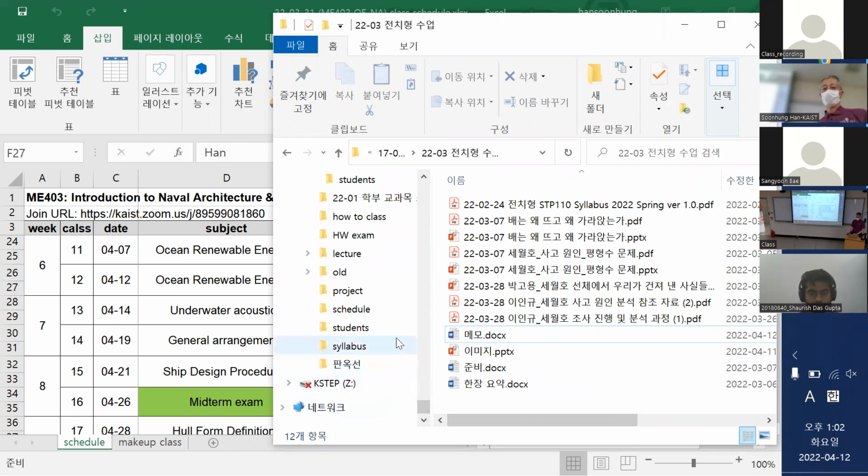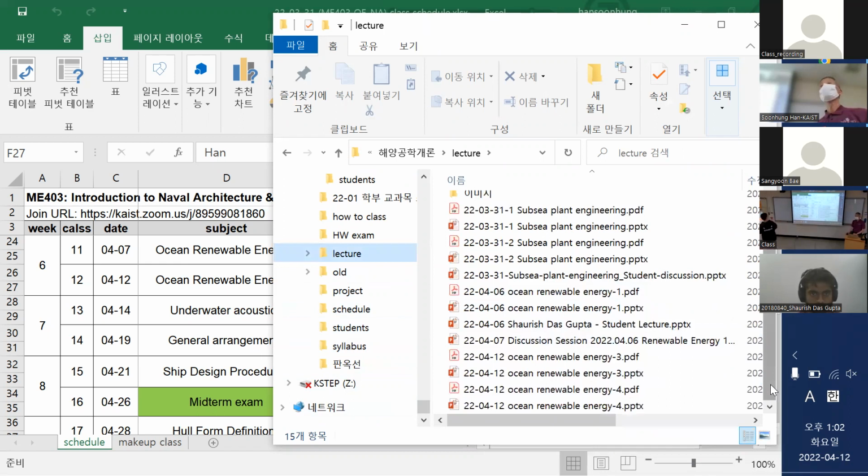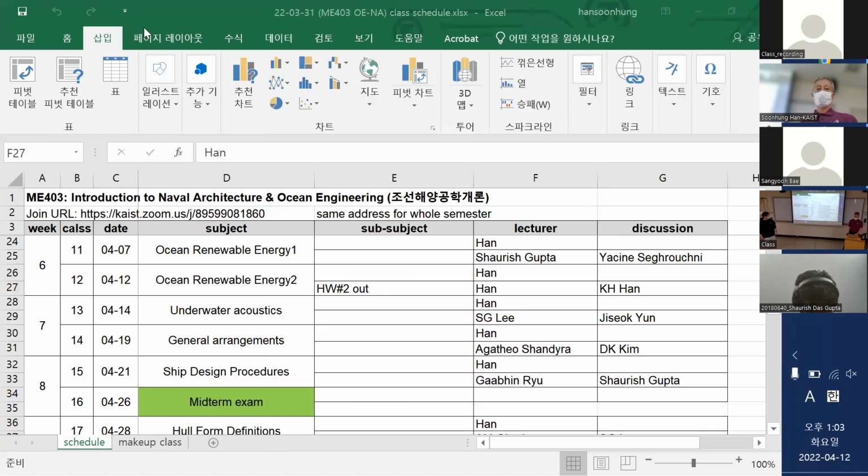Regarding the midterm exam, that's the week after the midterm. So the midterm exam will be the week after the midterm, during the class hour.